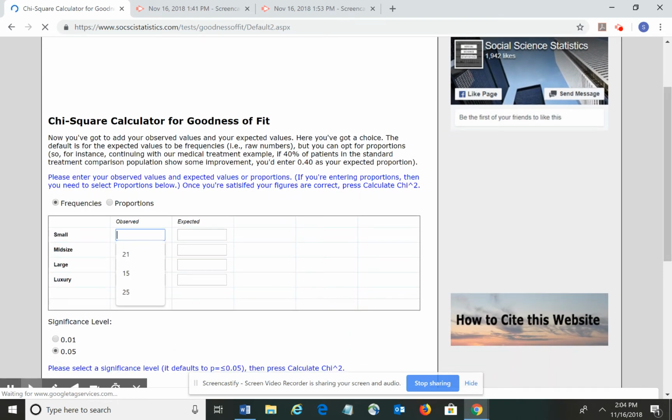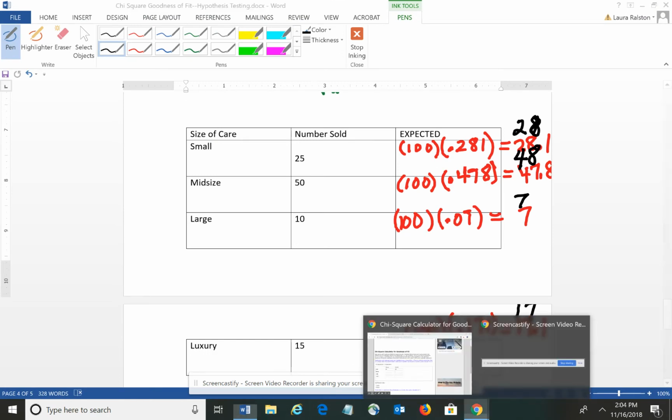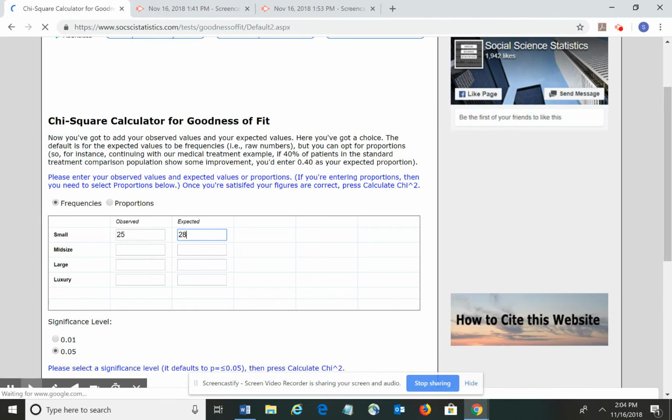We observed 25 small cars, but we expected 28. We sold 50 mid-size, but we expected 48. We sold 10 large.